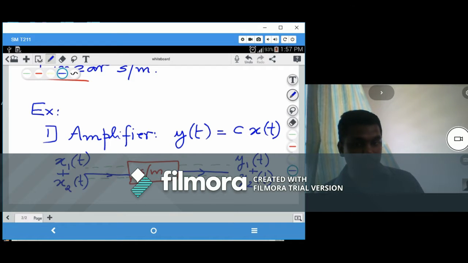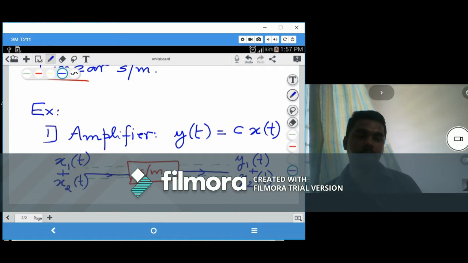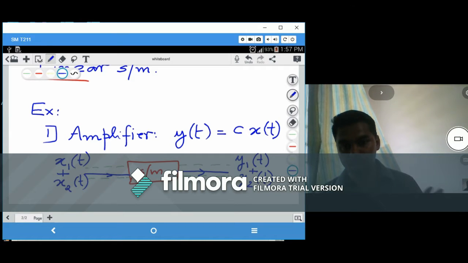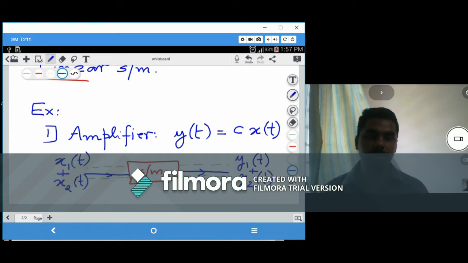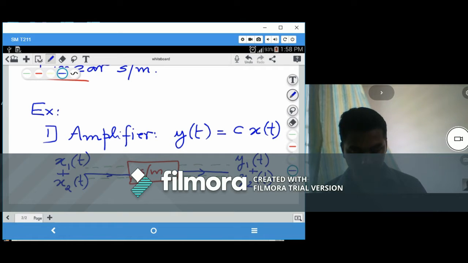Or in other words, we can say that the output corresponding to the sum of the input is the sum of the individual outputs. One can easily verify that the amplifier system that we have written down here satisfies this relation.